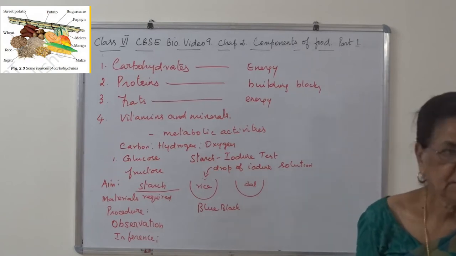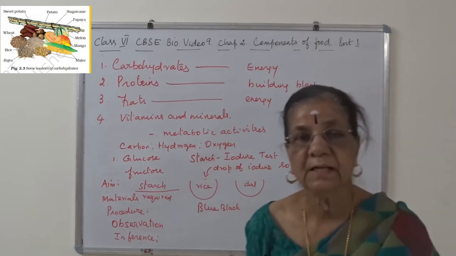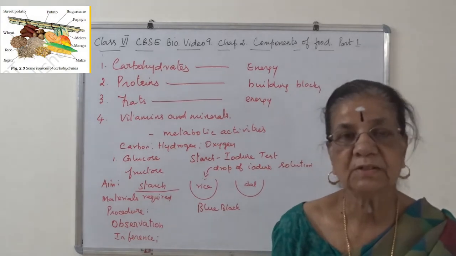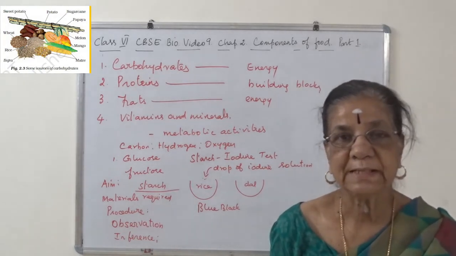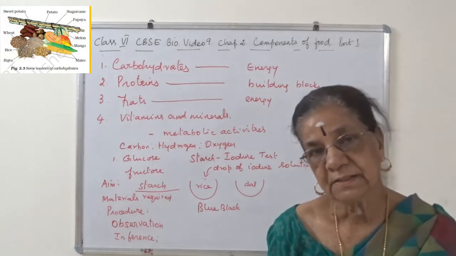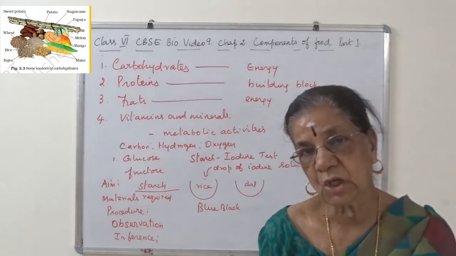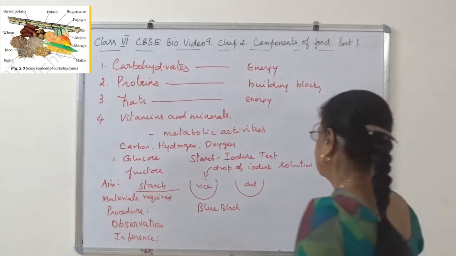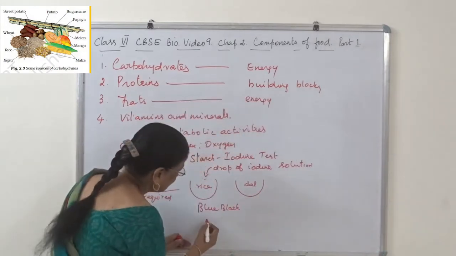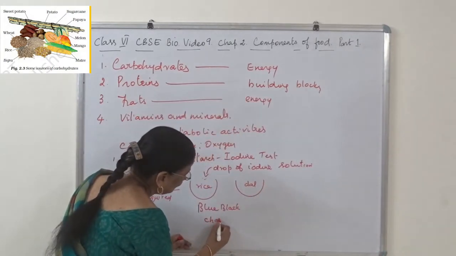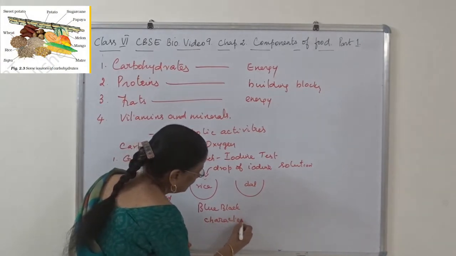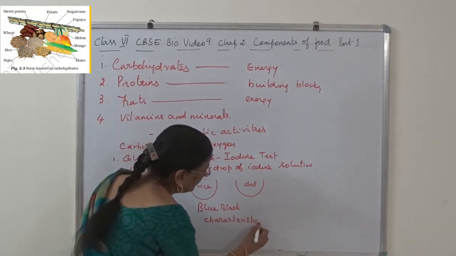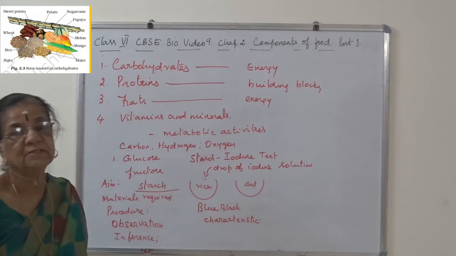In the given food sample A, the rice turns blue-black in color, and in food sample B, dal, there is no characteristic change. You use the word characteristic change. I hope you are following. There is no characteristic change.